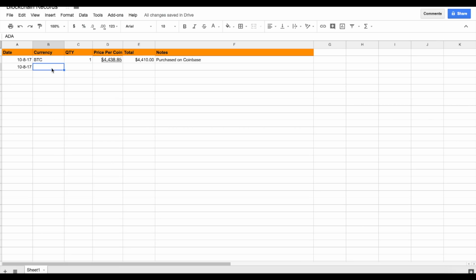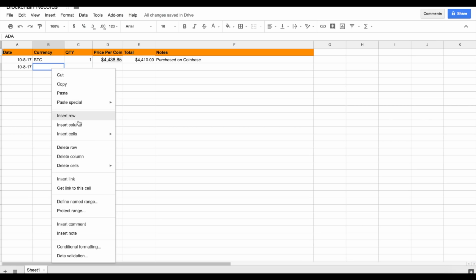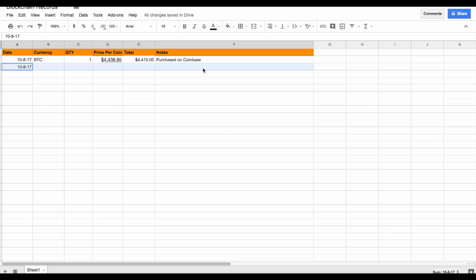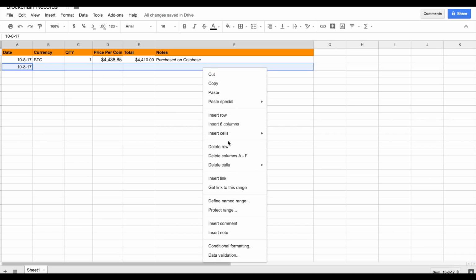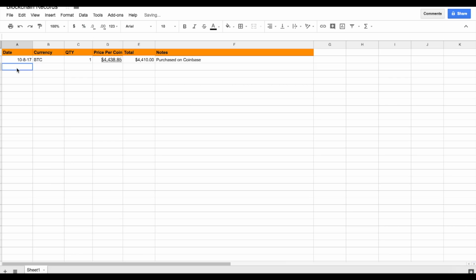What is going on here? Let me try and clear. Let's just remove this whole line and see if that, delete row, right? All right, let's try this one more time. Let me just see if it, yeah, okay, it'll work. That's weird, glitch.